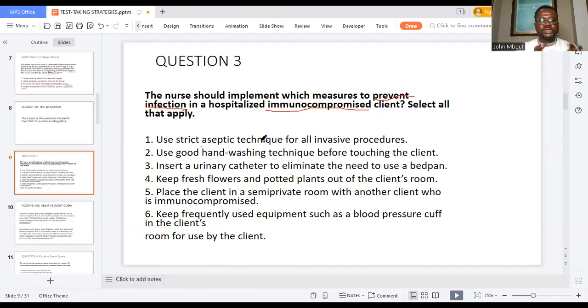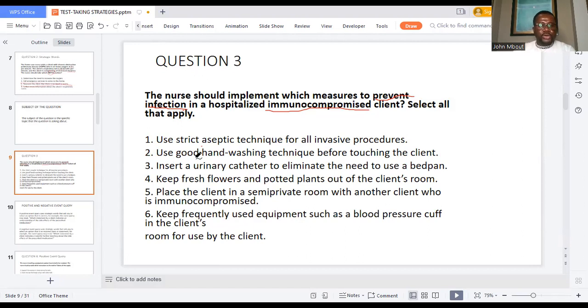So in this question, you have to identify the subject of the question. So what are the measures that we have to apply to prevent infection in a client whose immunity is compromised?